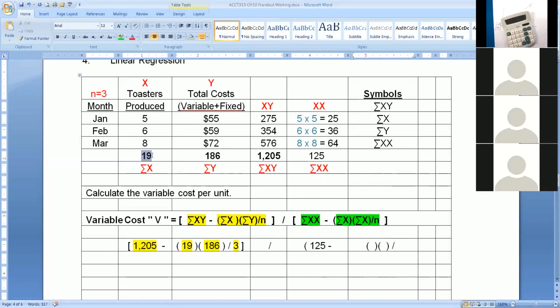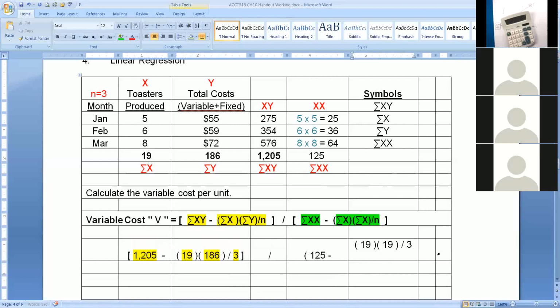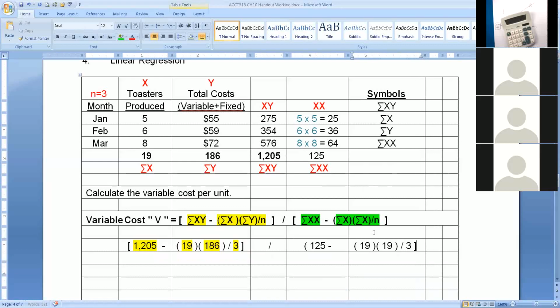So there is a summation of x, 19. And n is still 3. Darn it. Okay, so this is, let me, okay.